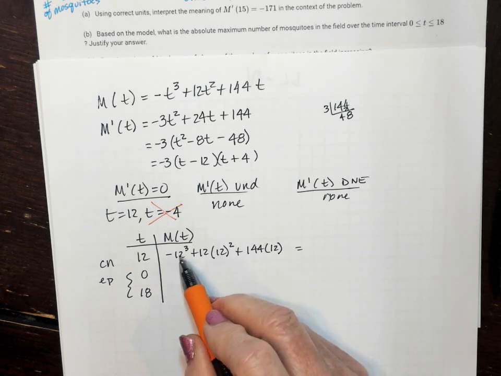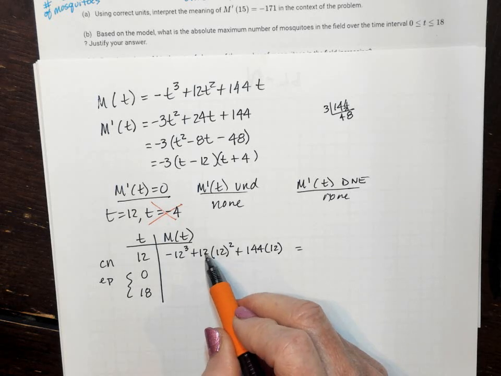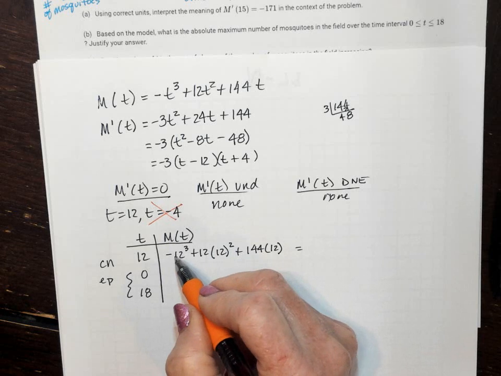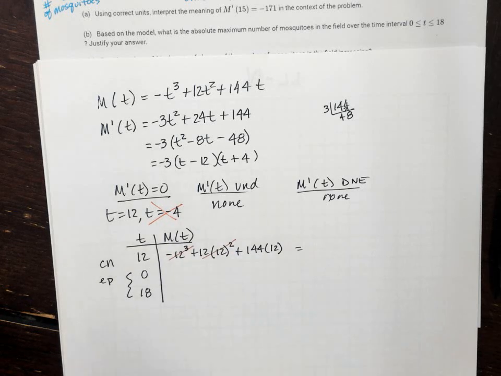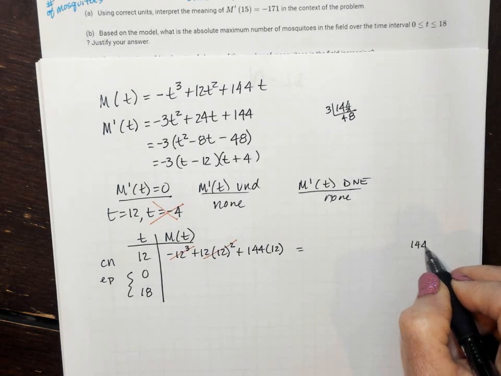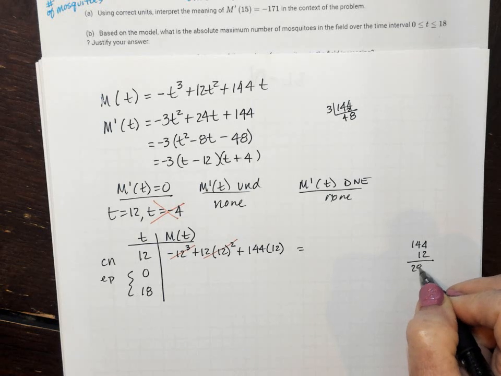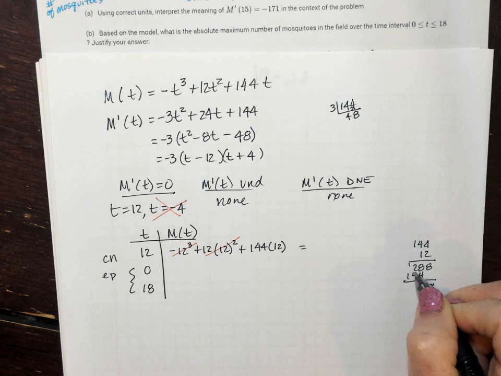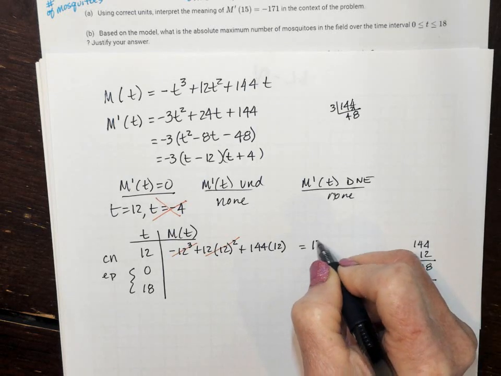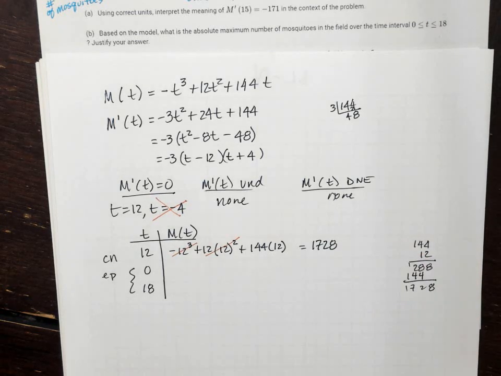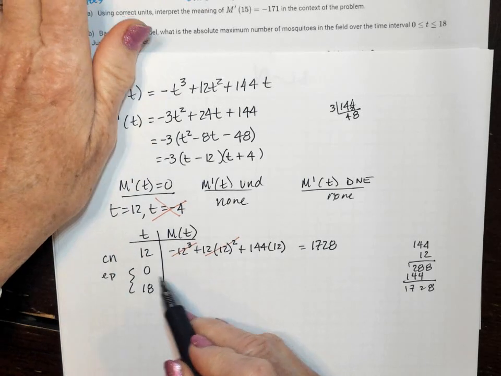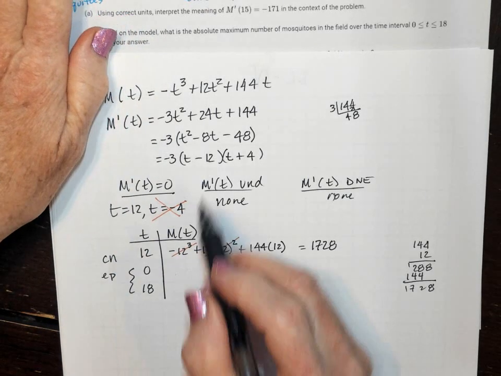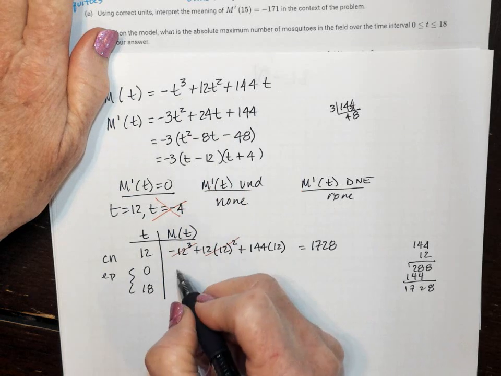This is negative 12 times 12 times 12, and this is 12 times 12 times 12, so very nicely these cancel each other out, and all we need then is 144 times 12, which is 1728. Okay, m of 0 is 0. Oh, that's nice.